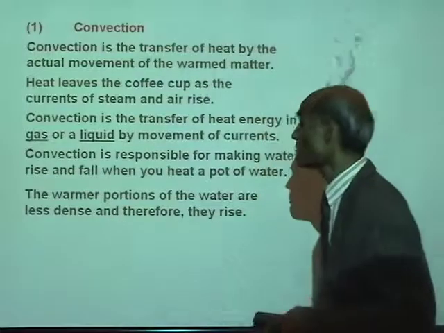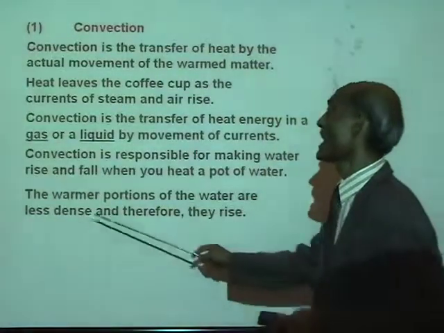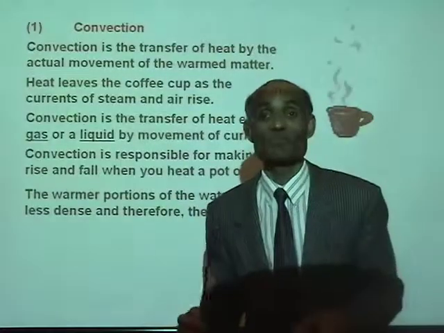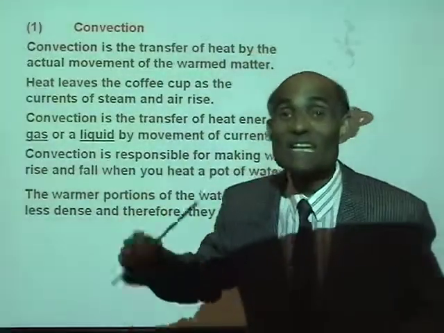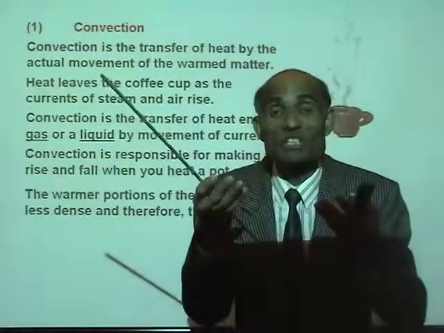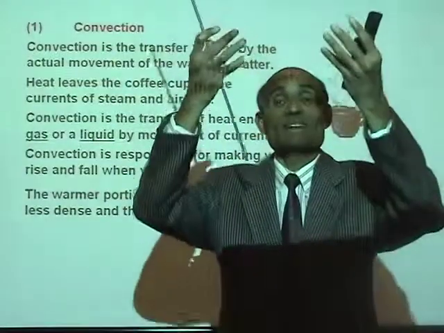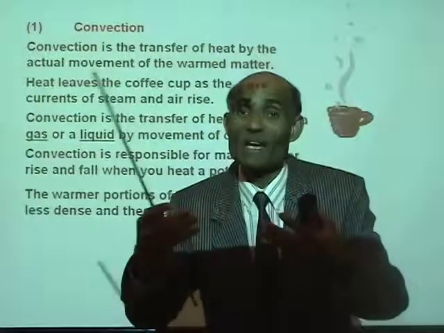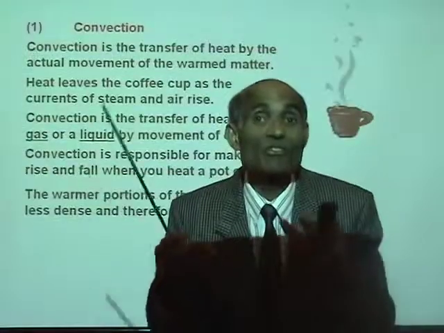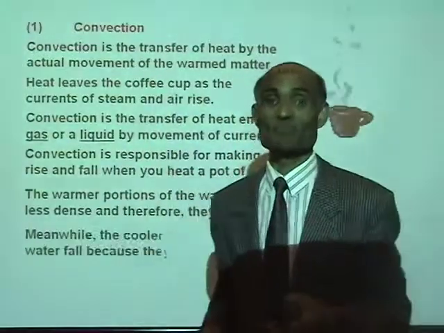So the warmer portions of the water are less dense and therefore they rise. When air is heated, it becomes less dense, and when it is less dense, it will rise. Same way with water. When water is heated, it becomes less dense, and it will rise.